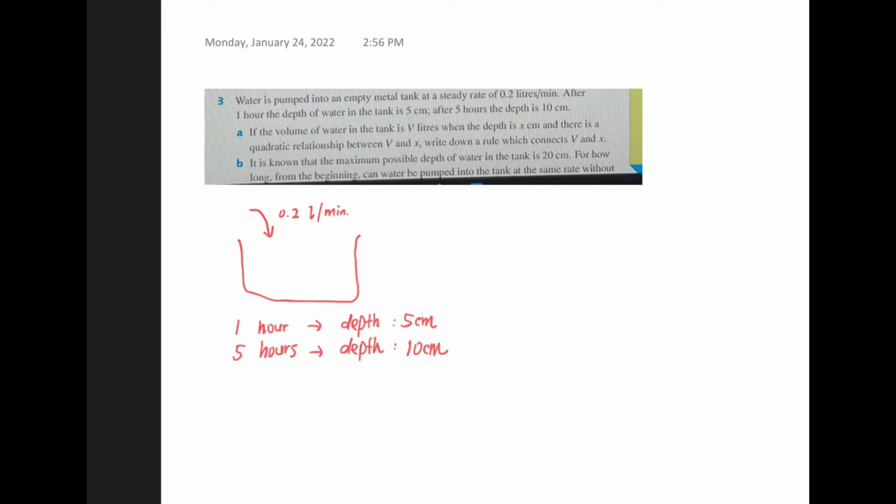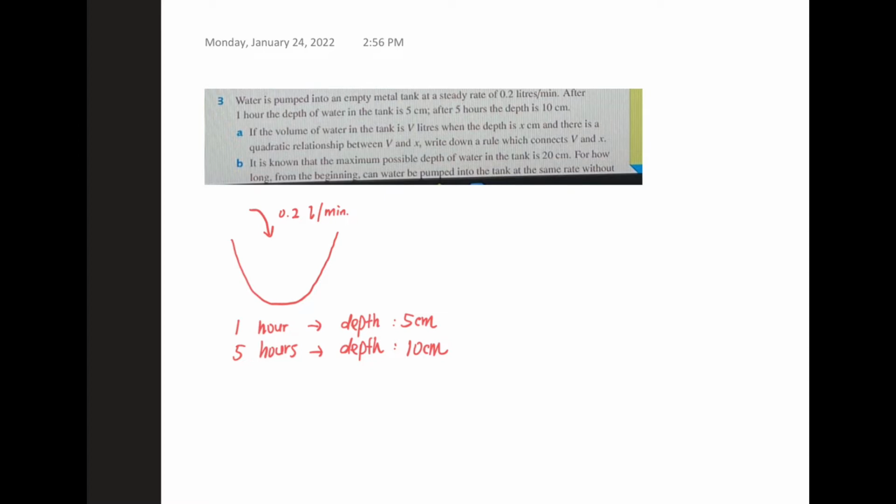I can imagine that this water tank is most probably not a cylinder shape, as I see initially the depth increased quickly, but at the end the depth increased slowly. So maybe the water tank is going to be like that, for example.